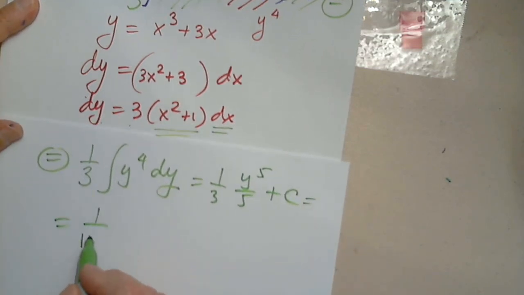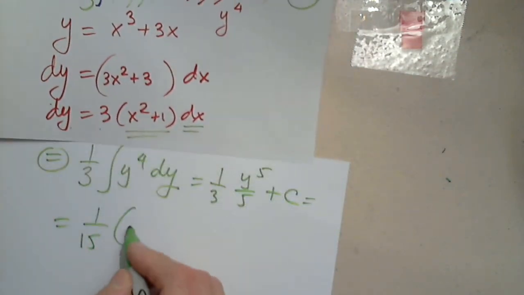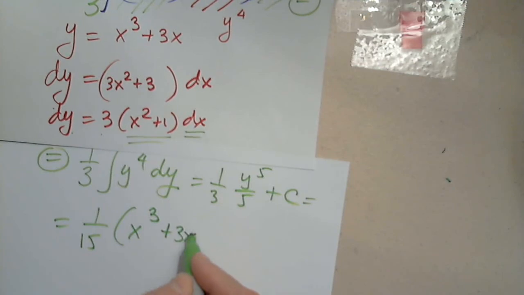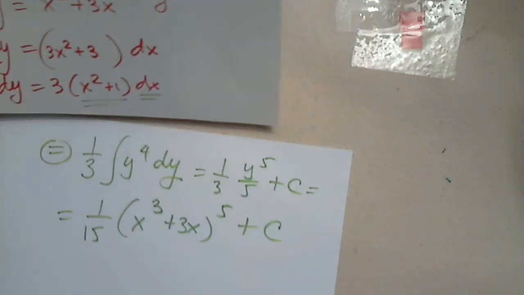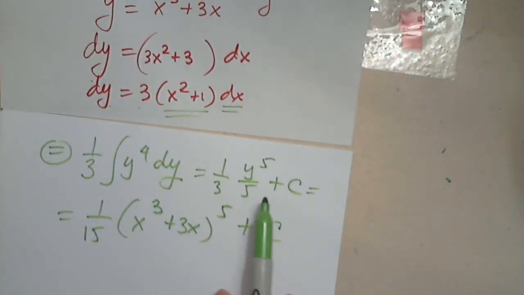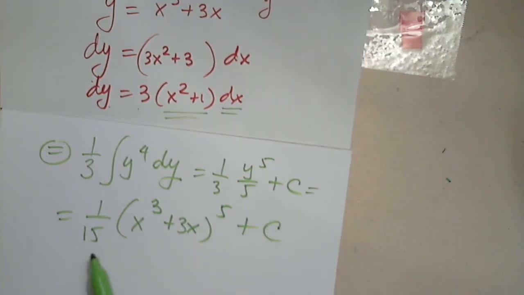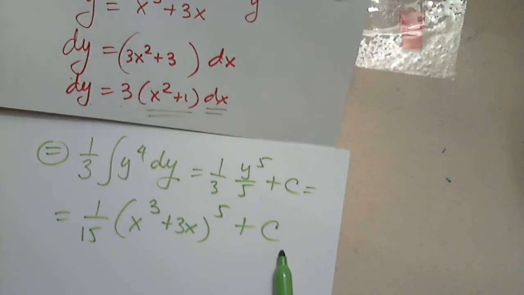So this is 1/15, y to the fifth has to be replaced. So this is x to the third plus 3x to the fifth power plus a constant c. Something that looked horrible initially changed into something very simple, the most general antiderivative.